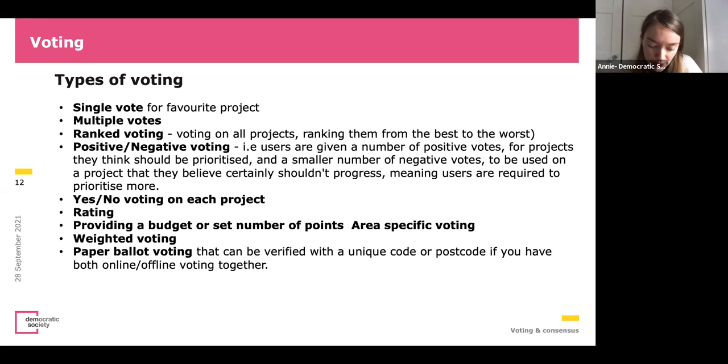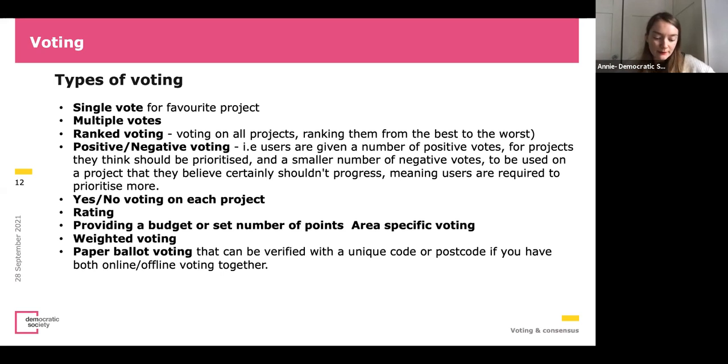So you could allow people to provide multiple votes to a single project, so it's got more, or multiple projects, so they can have maybe 5 votes that they can distribute across. So this encourages people to think about how to distribute the votes and not just their favourite. So it's getting them to think about consensus and priorities, and looking at different projects that aren't their own or their own perceived interests and that kind of thing.